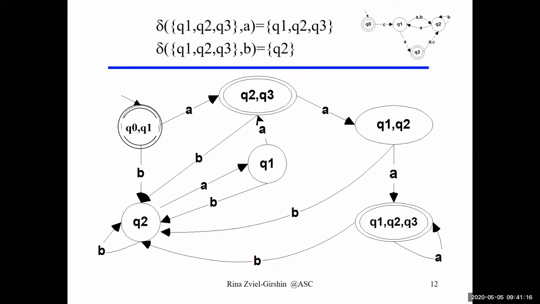For each new state, we defined where we go on input A, where we go on input B. It's only one transition. So what we managed to build is an equivalent DFA. And actually, the algorithm is very simple. It just is that you have to do it slowly and not miss some states.